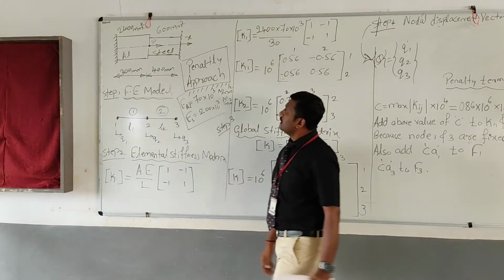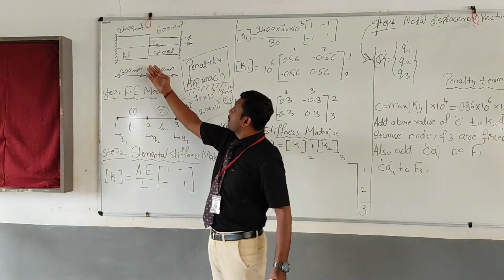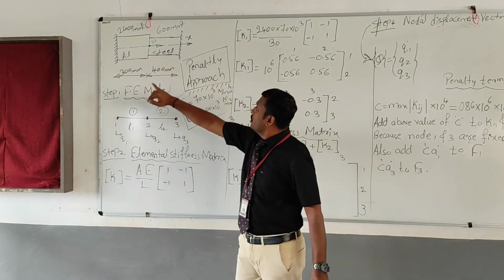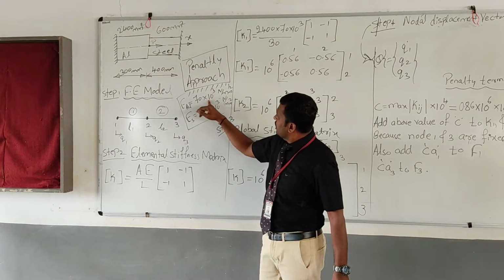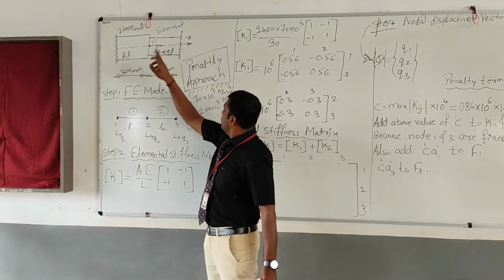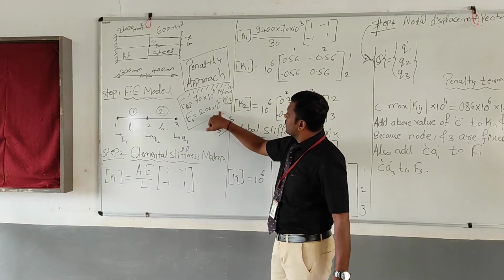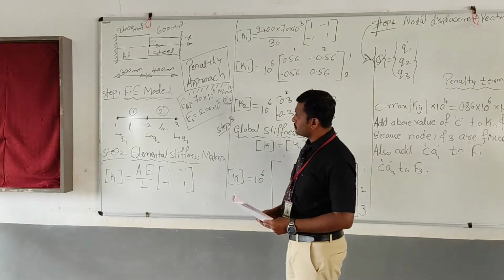One more parameter that is required is the material property, Young's modulus E. For aluminum it is 70 into 10 to the power of 3 Newton per millimeter square, whereas for steel it is 200 into 10 to the power of 3 Newton per millimeter square or megapascal.